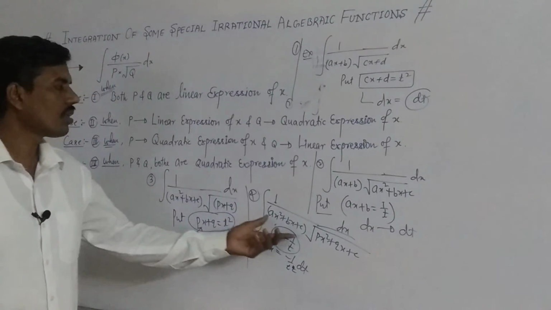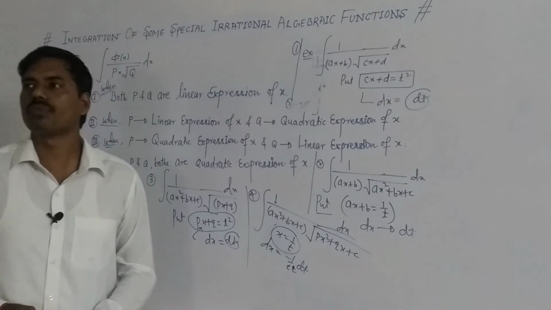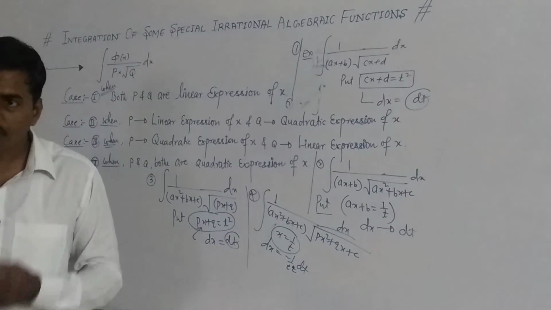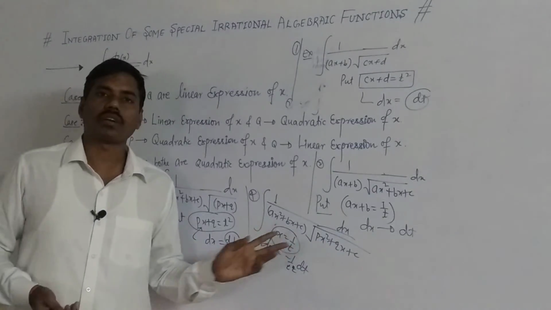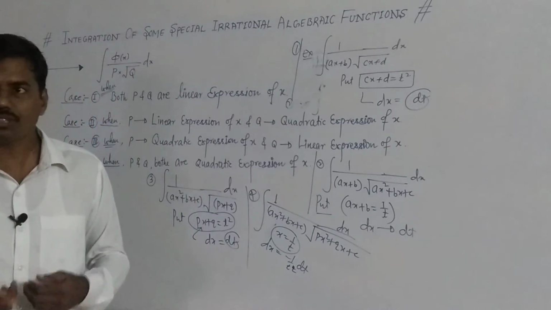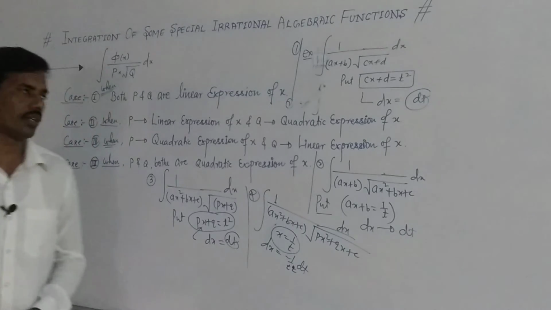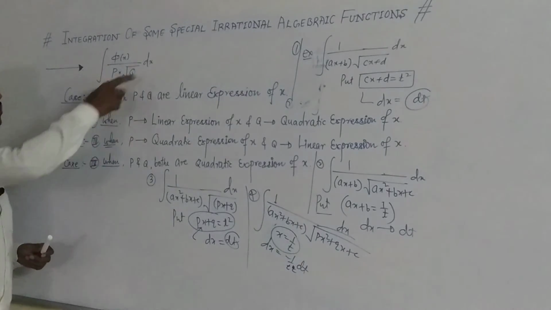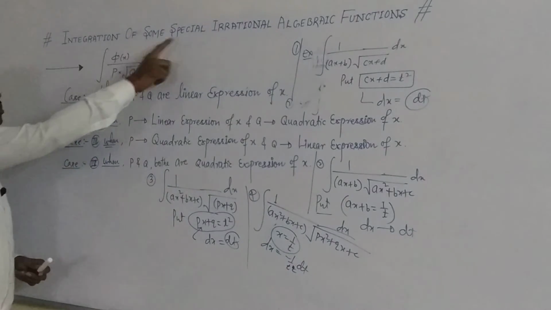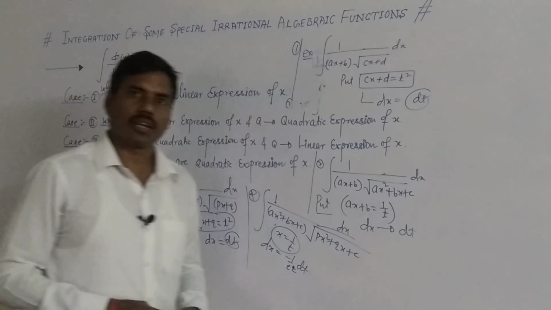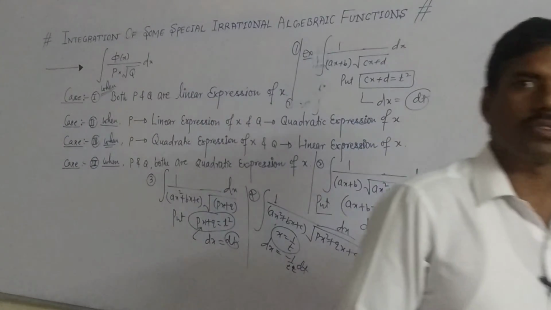In case 4, when both expressions are in quadratic form in x, we have to put x is equal to 1 upon t. Okay, so these are our special irrational algebraic functions and their substitutions.